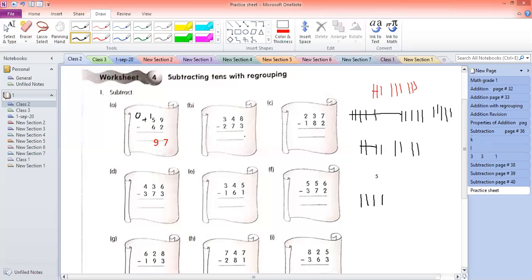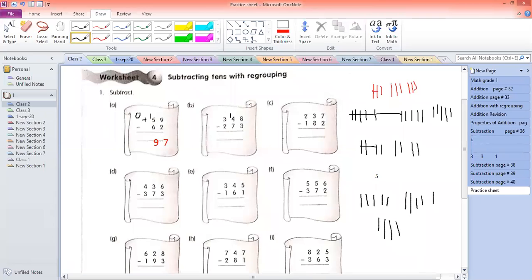Give up 1 and it becomes 14. I will regroup. I will regroup 100 to tens, and that will become 14 tens. Now I will draw 14 lines: 4, 5, 6, 7, 8, 9, 10, 11, 12, 13, and 14.